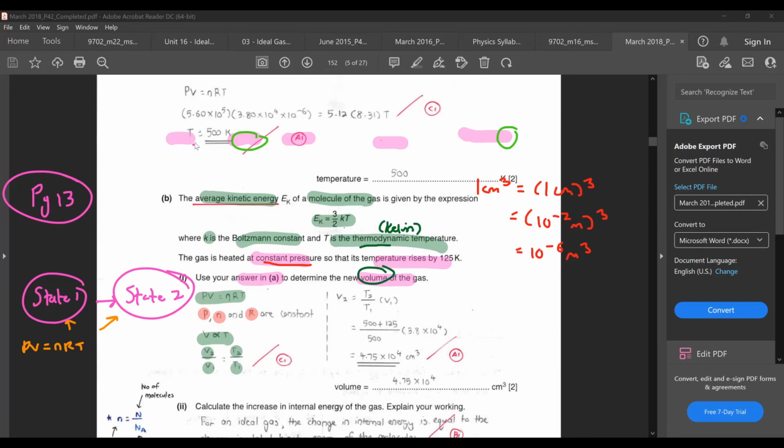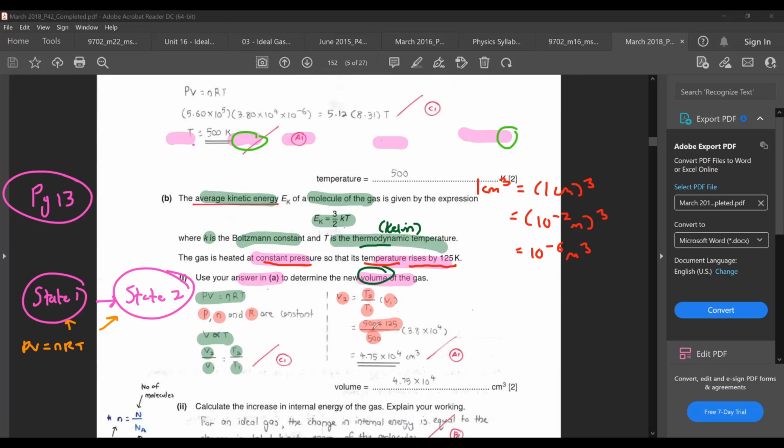So V2 is T2 over T1 times V1. T2 is actually going to be 500 plus 125, divided by 500. Because here your question mentioned that your temperature rises by 125. It increased by 125. 125 is not the temperature itself, it's telling you the increase.